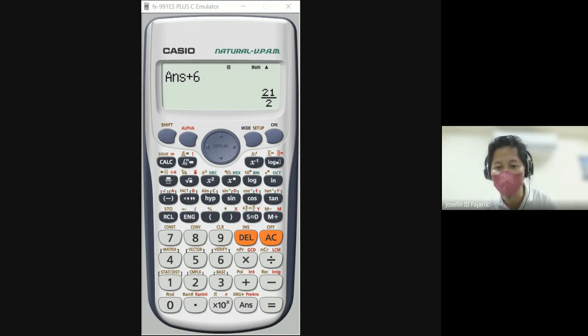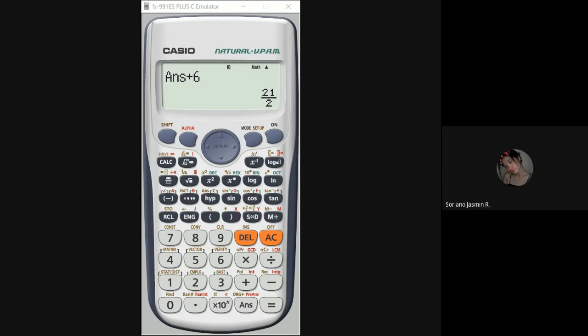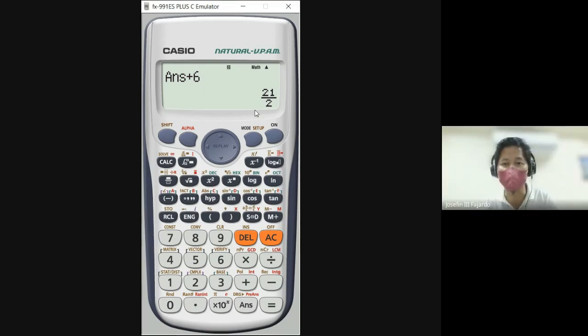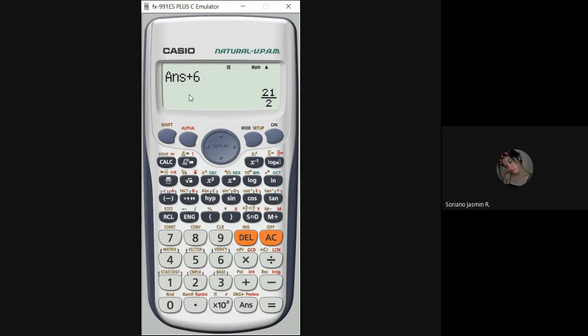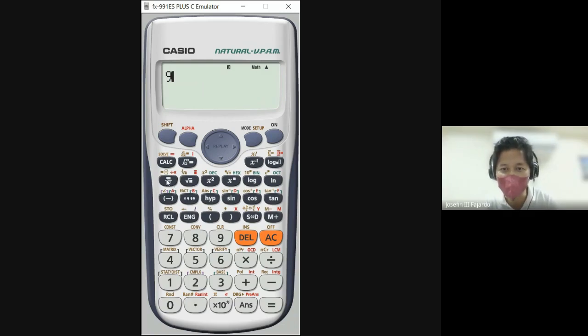Hello? Plus po ba yun, sir? Ha? Plus po. Opo. Ay, oo nga, no, dapat pala times. Kala ko po times. Tama naman. Tama ka dyan. Dapat times. Kasi plus. 9 over 2 times 6 pala, sorry. So, dapat 27. Okay?